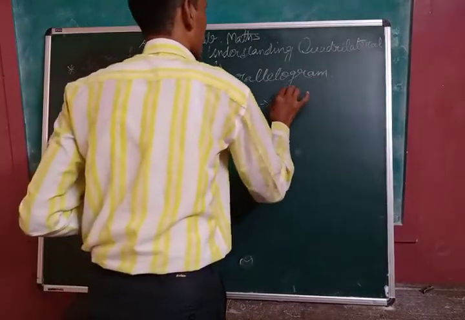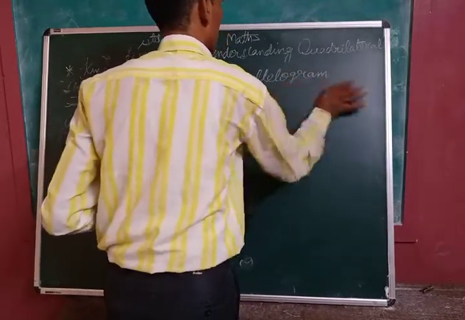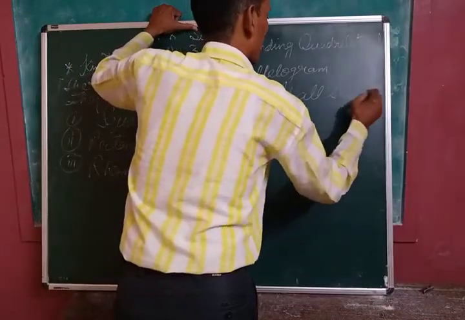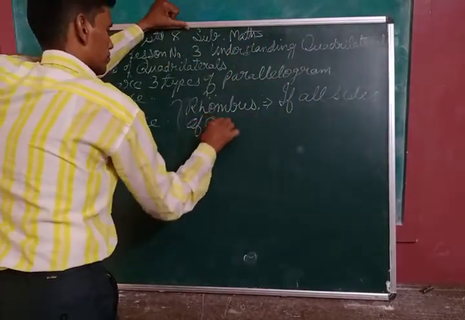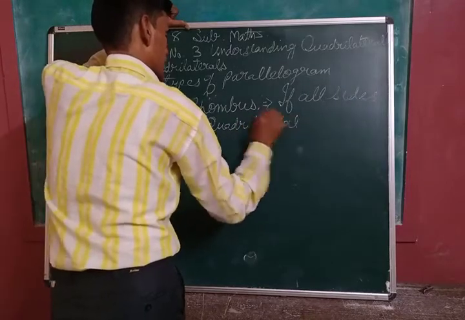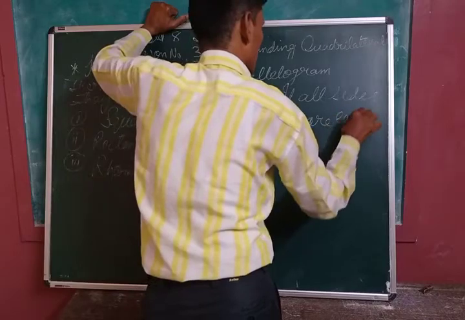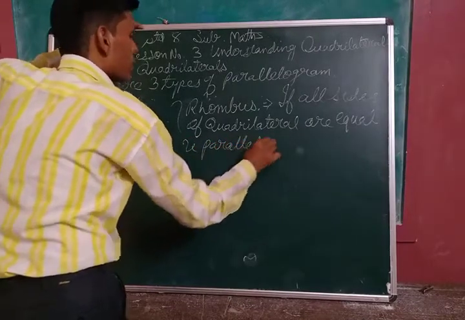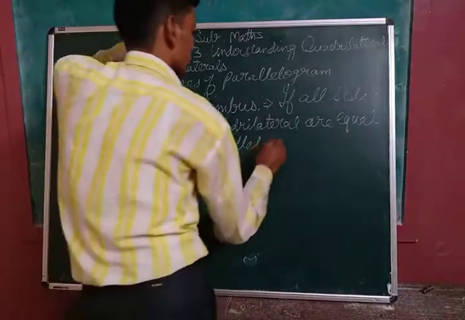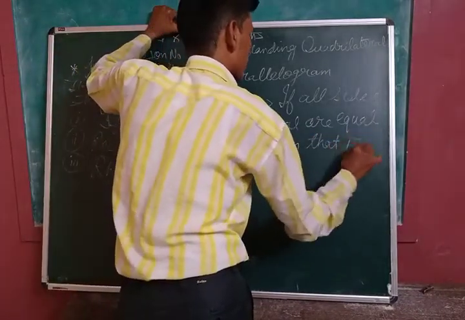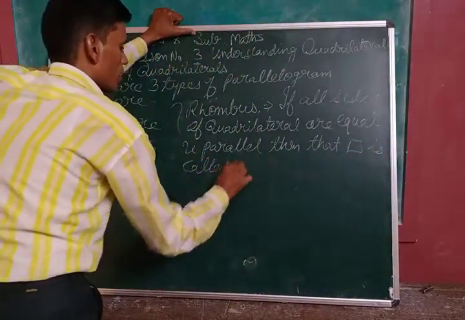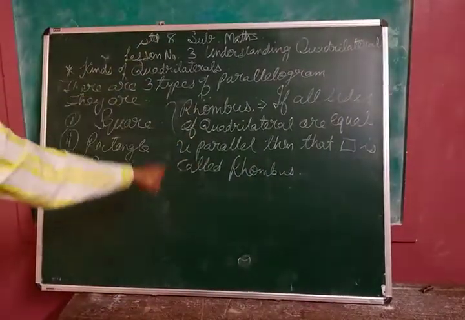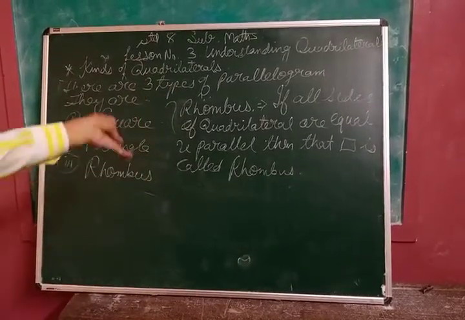In rhombus, if all sides of a quadrilateral are equal and parallel, then that quadrilateral is called rhombus.